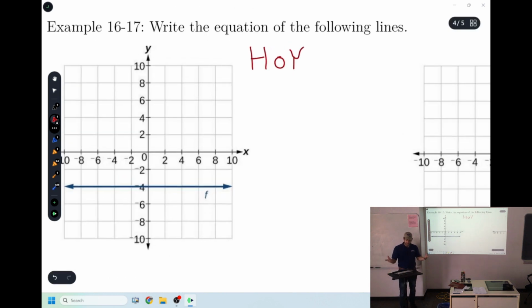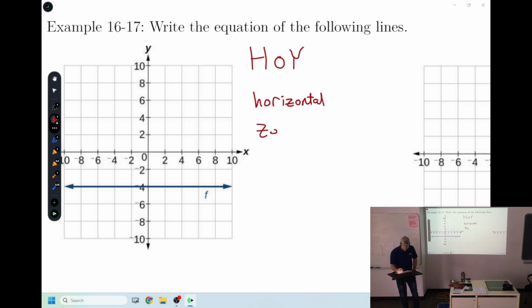So the HOY, what do you think the H stands for? If you're looking at that picture, that's exactly what it stands for: horizontal. What do you think the O stands for? I know it's weird. It's not an O, it's a 0. The 0 is the slope.